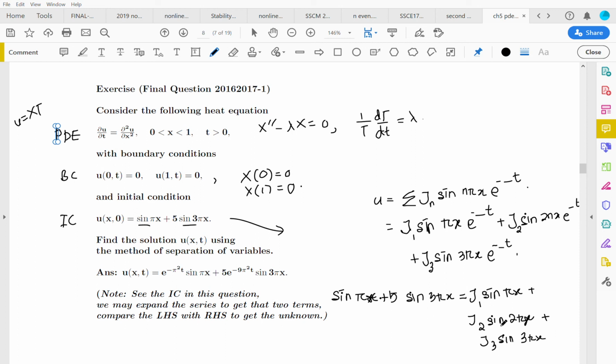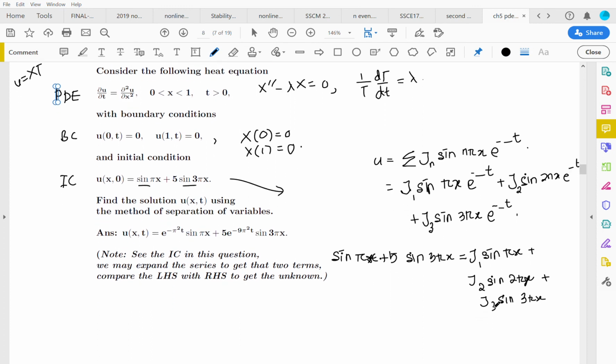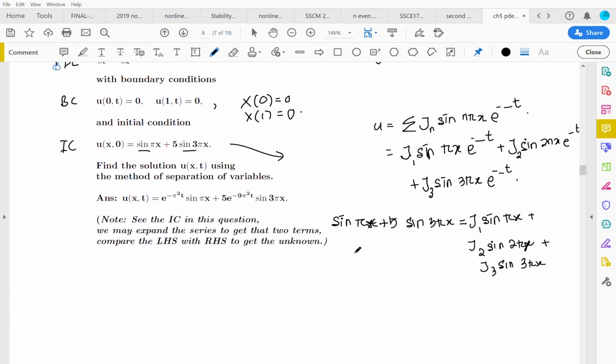By comparing the left-hand side with the right-hand side, the sine pi x terms give J1 equal to 1. Comparing the sine 3 pi x terms, J3 is equal to 5, and J2 equal to 0.